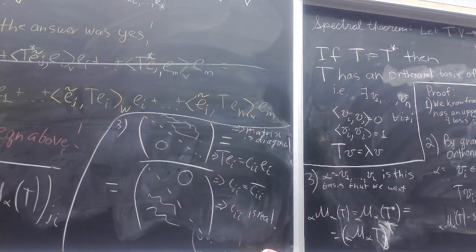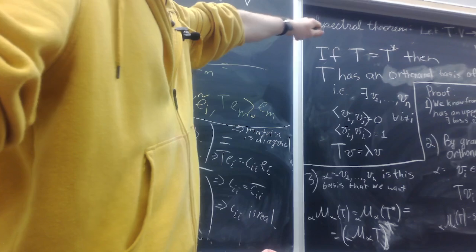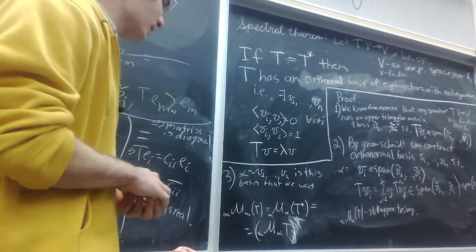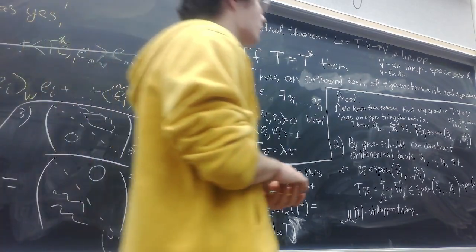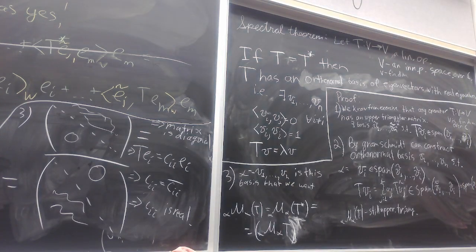Okay, so we proved this very powerful theorem: a self-adjoint operator, which we'll define to be called self-adjoint in a second, has an orthonormal basis of eigenvectors with real eigenvalues. Do people see this proof?